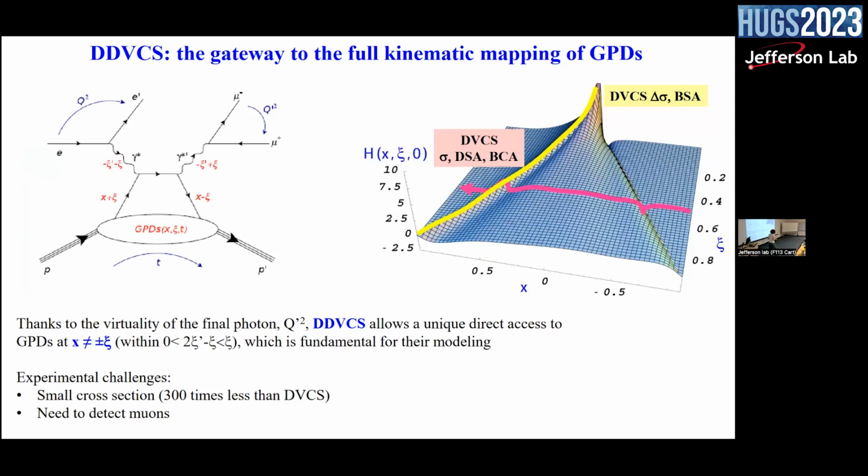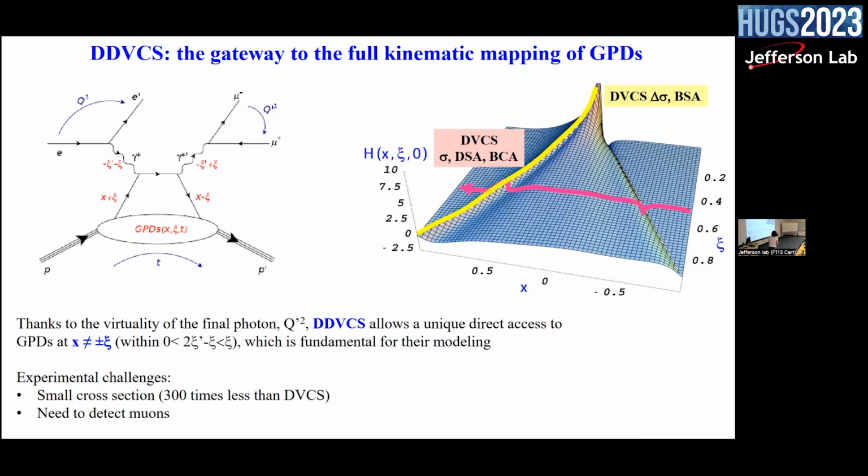And another thing that is missing, if you think about my summary at the beginning, I said that we still don't know anything about the x dependence of the GPDs, because in DVCS, this x dependence is integrated over. So there is another channel that can be used to circumvent this problem, and this channel is the double DVCS.